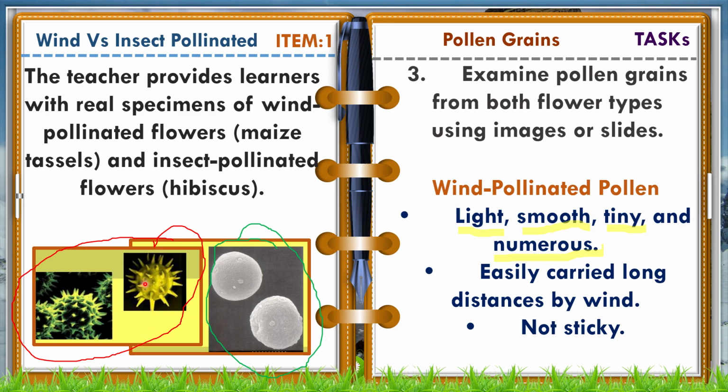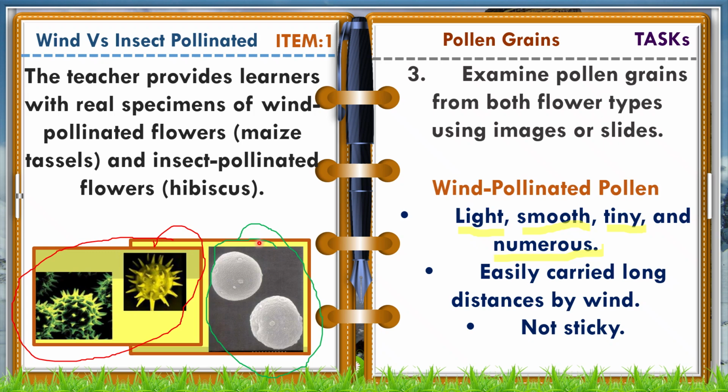You can see they have got spikes. These ones, you can see they are smooth. So which means that these are wind-pollinated pollens, and these ones then will be insect-pollinated pollen.